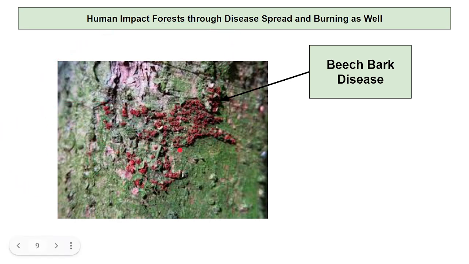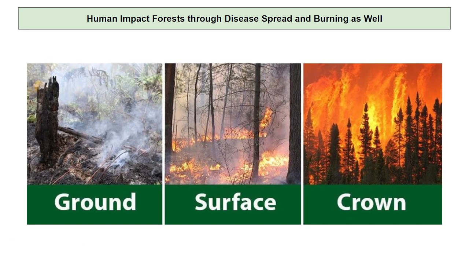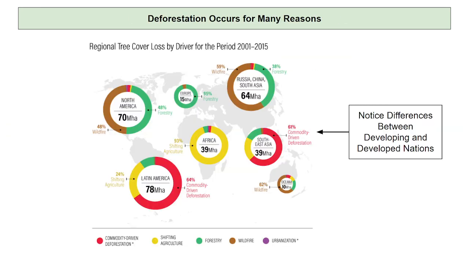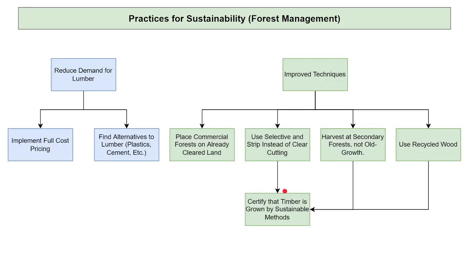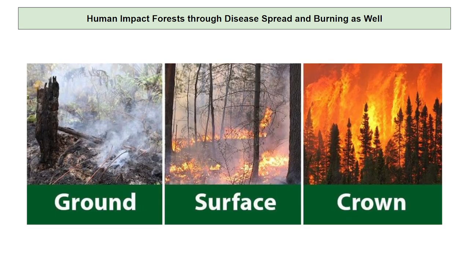Things like the ash borer here in Michigan would be a good example. In terms of fires, humans cause a lot of fires. In fact, if we go back up here, we can see wildfires are one of the main causes of forest loss. Now, obviously, wildfires can be natural, and not all of that percentage is due to humans, but humans definitely increase the amount of fires that do occur.